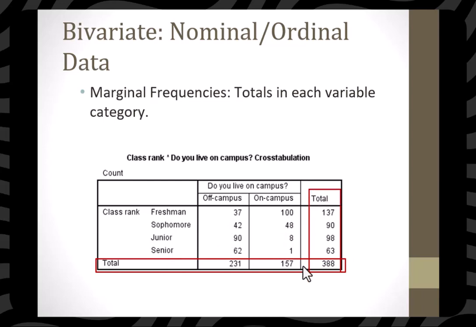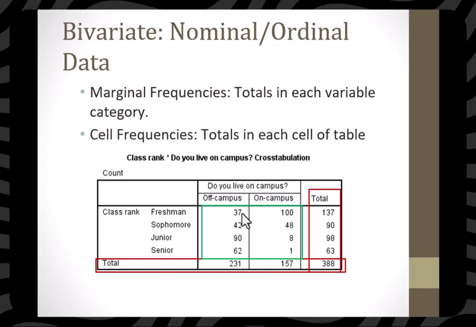These areas outlined in red are what we call marginal frequencies, and it's the totals in each variable category. So this 137 represents all the freshmen, this 90 represents all the sophomores, 98 represents the juniors, 63 seniors, 231 people live off campus, and 157 live on campus, for a total students of 388.